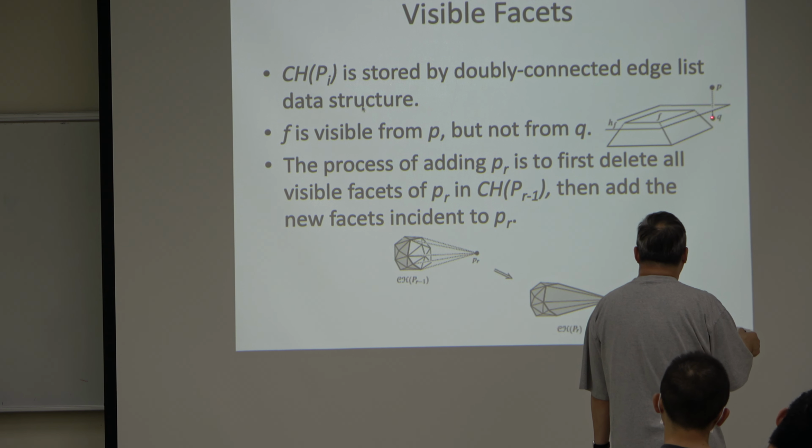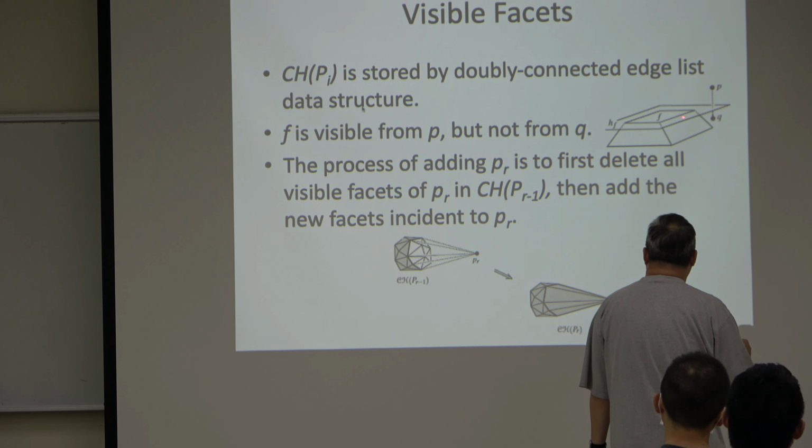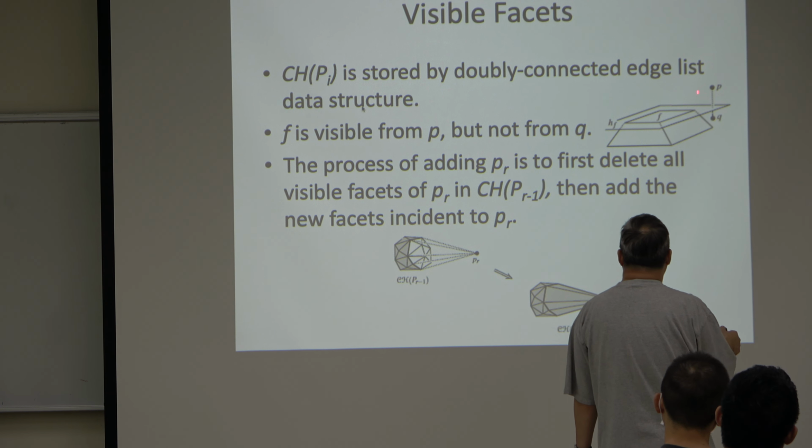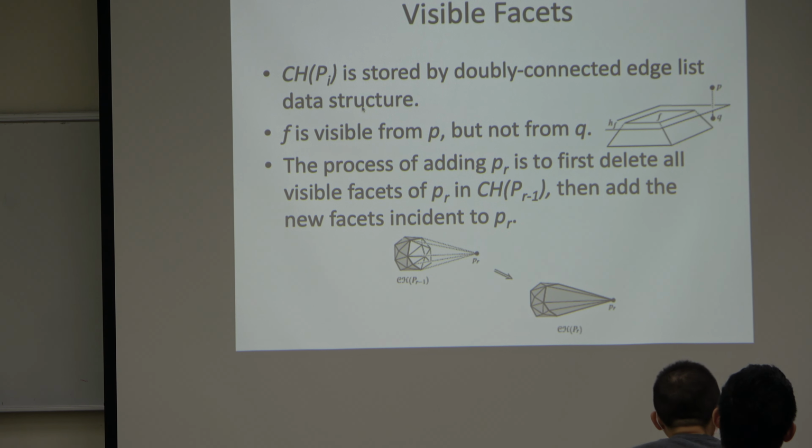So if a point P is on the opposite side from the polytope, then P will be able to see F, or you can say F is visible from P. But it will not be visible from a point that is on the same side as the polytope. So this is very important.